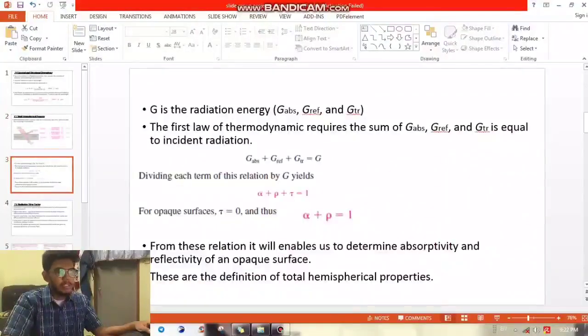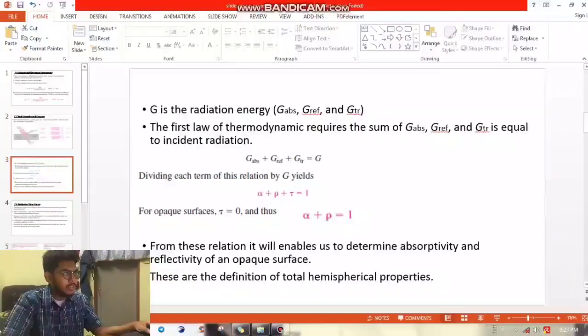G in the equation represents the radiation energy. So G_abs is the radiation energy absorbed, G_ref is the radiation energy reflected, and G_tr is the radiation energy transmitted.